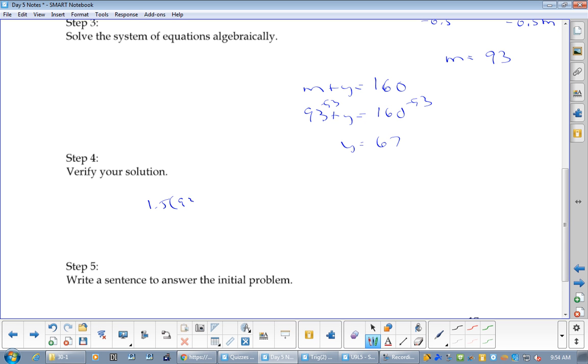1.5 times 93 plus 2 times 67 is supposed to equal 273.50. So I'm going to do the left side here. That's 139.50 plus 134. I add those together. I do get 273.50 equals 273.50.